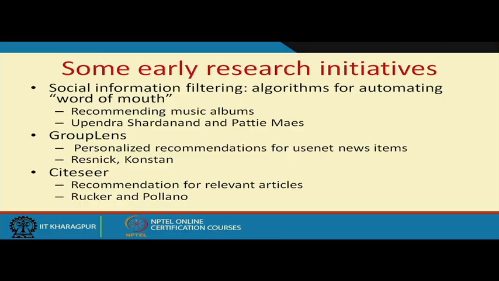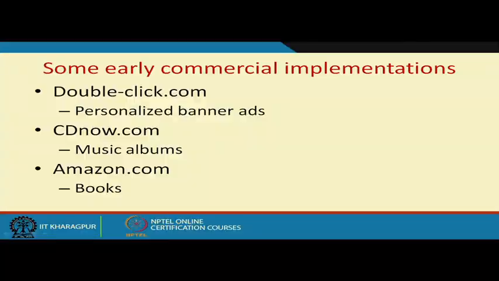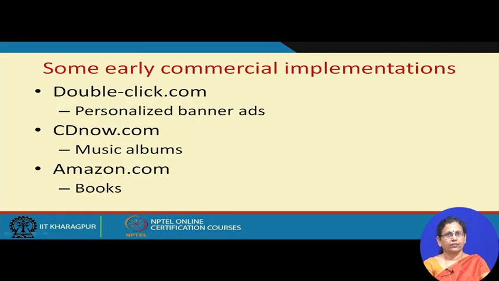Then CiteSeer: whenever you are searching for any research paper, sometimes you get recommendations from CiteSeer. It recommends relevant research articles in a specific field. There are certain commercial initiatives as well. Amazon has been the pioneer from the very beginning.